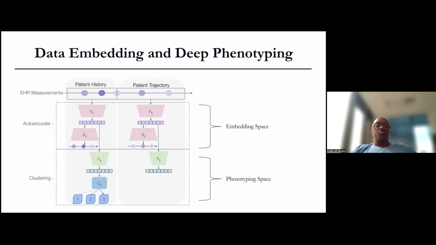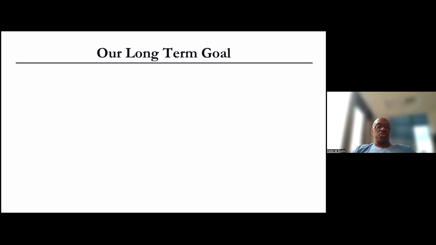So I'll just end by saying what our long-term goal is in talking about patient phenotyping: one size does not fit all. But the problem in the clinical space is knowing how many sizes you have and what the size of each patient is.